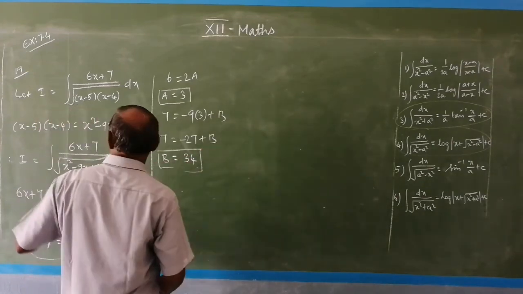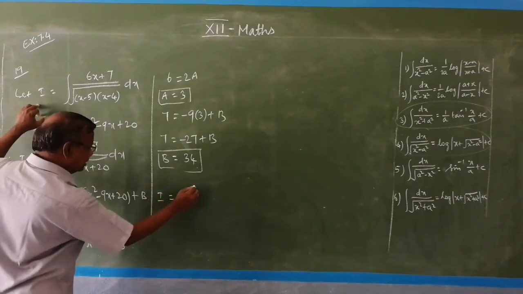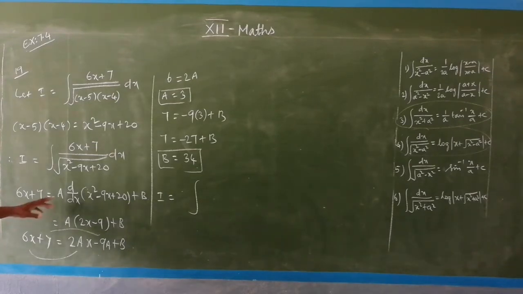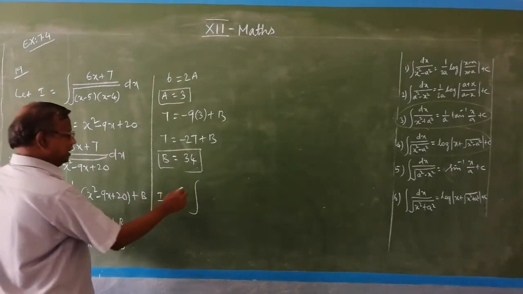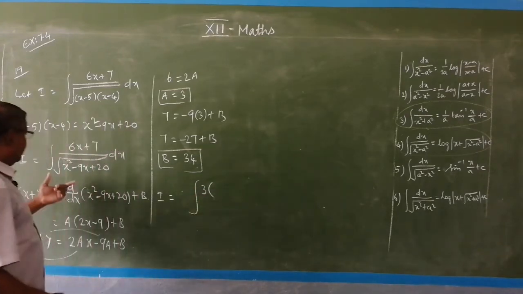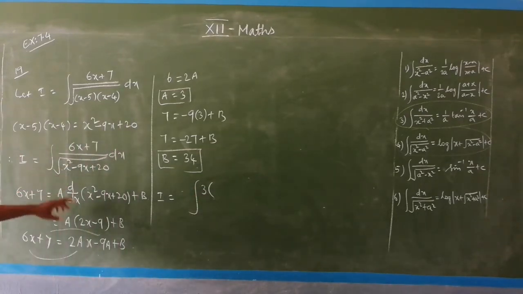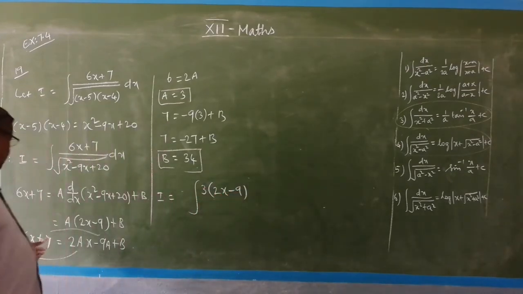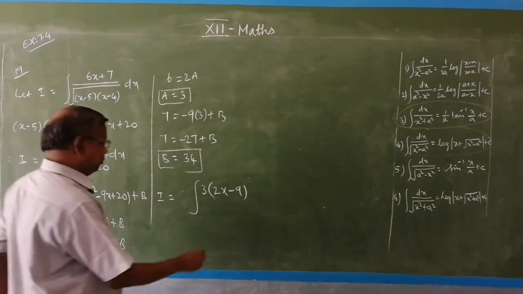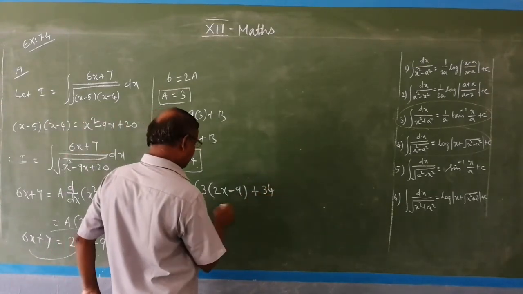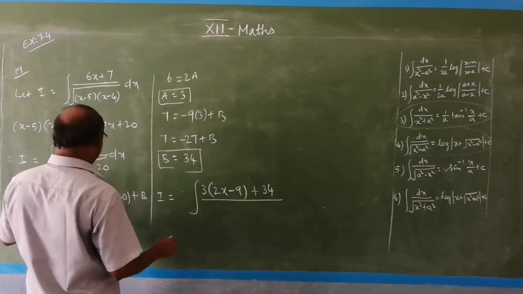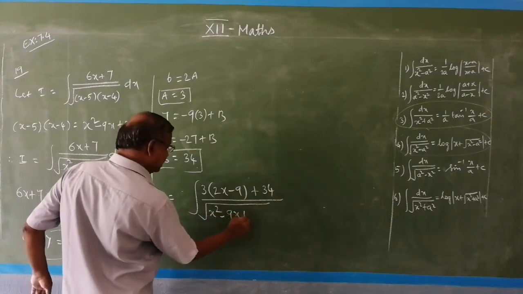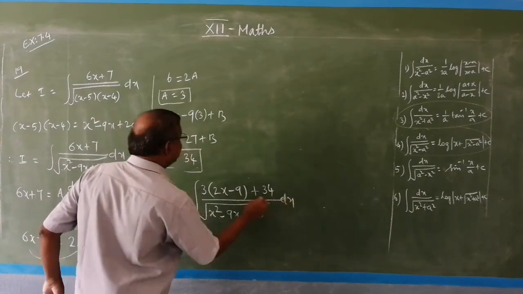So, I can be expressed as integral of, instead of 6x plus 7, we can write a into the derivative of the denominator, that is 3 into (2x minus 9) plus b, that is 34, divided by root of x square minus 9x plus 20 into dx.